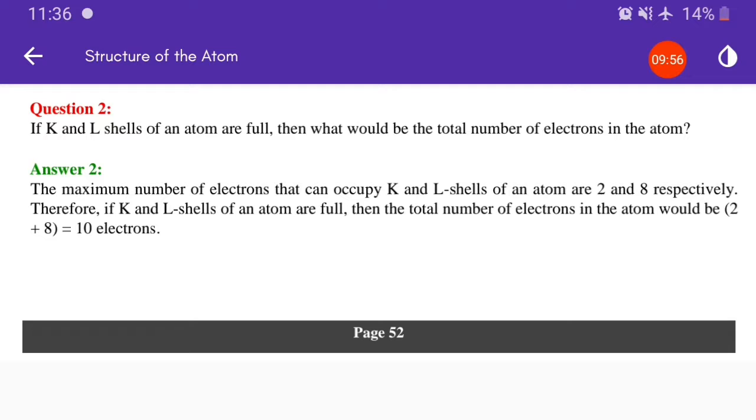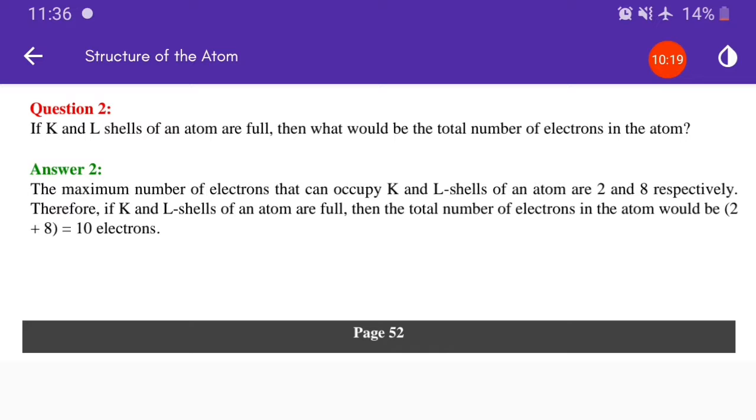Next question. If K and L cells of an atom are full, then what would be the total number of electrons in the atom? The maximum number of electrons that can occupy K and L cells of an atom are 2 and 8 respectively, because 2 in the K cell and 8 in the L cell.